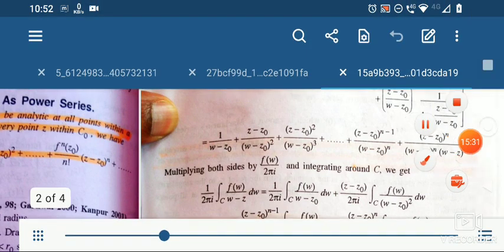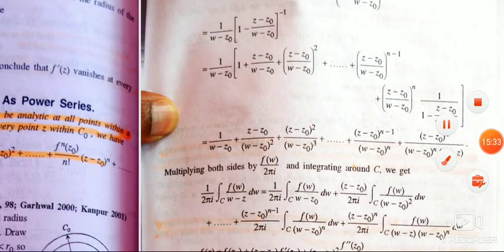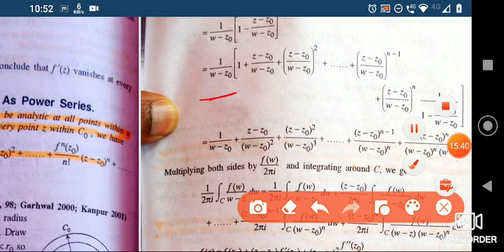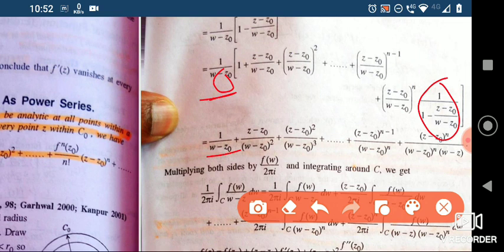Okay. Now I multiply this 1 by w minus z0 to each term. So I'll get 1 by w minus z0, z minus z0 by w minus z0 whole square, and it goes on. We have to remember only the last one, where 1 by w minus z0 is multiplied to this term. What is that?